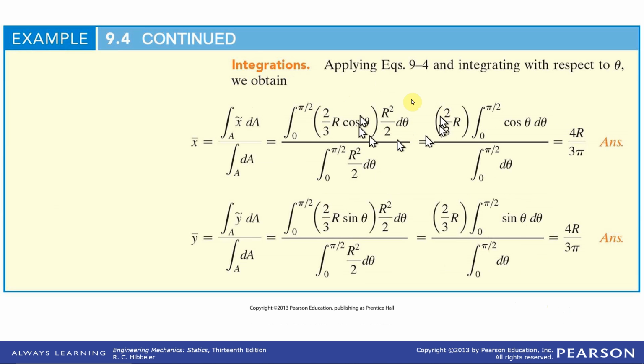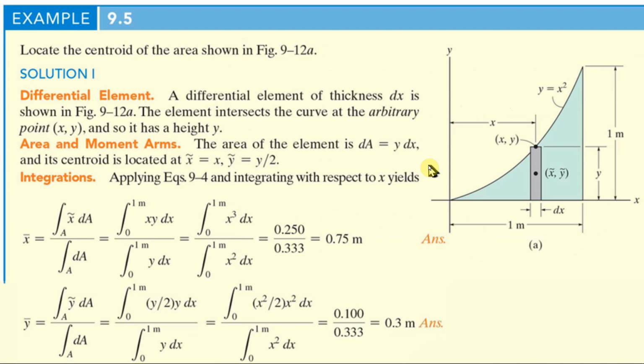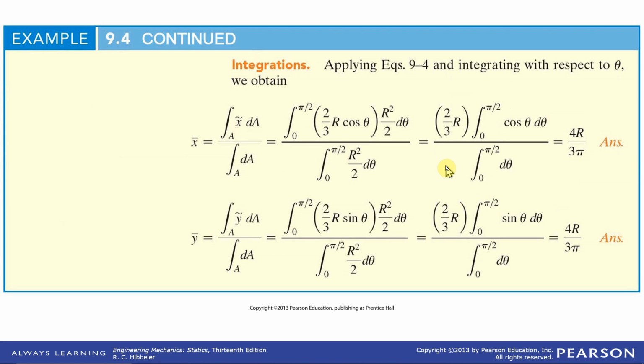Centroid, r squared d theta over 2. And we just get, oh, come on, you silly machine. There we go. And of course, r is a constant in this case, so we just have integrals of d theta. They'll cancel each other out.